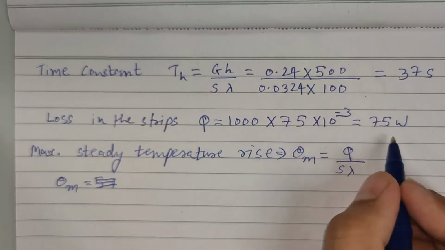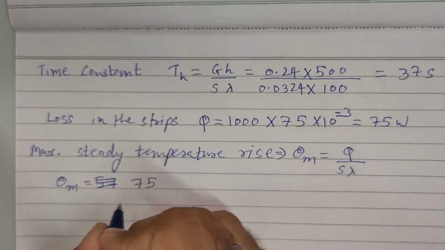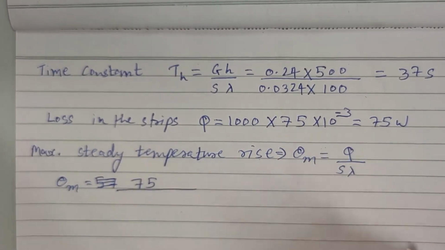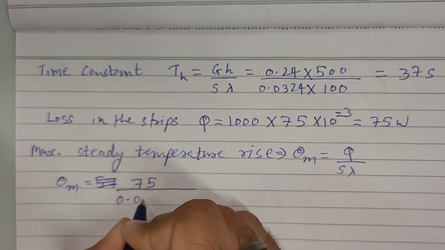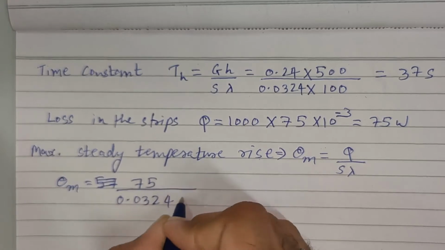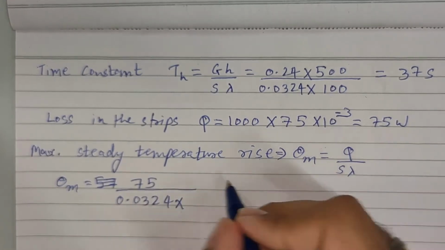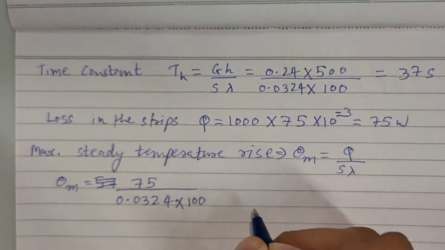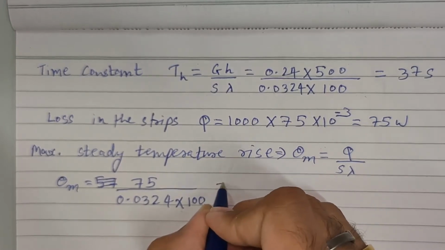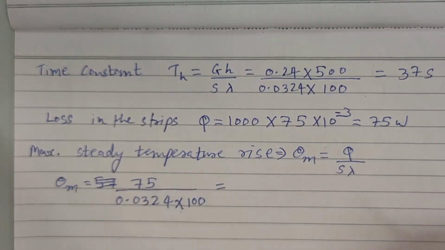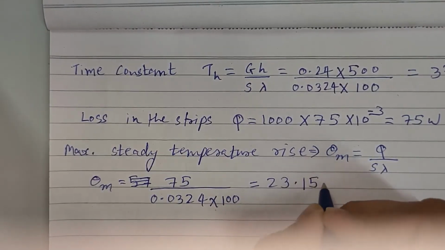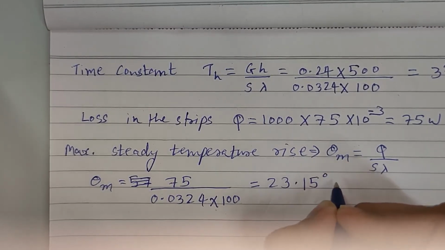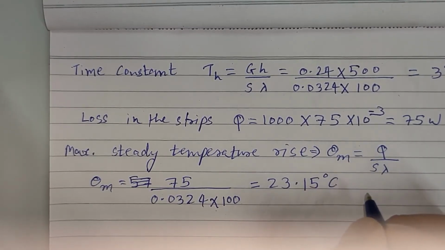So the value of capital Q is 75 divided by the value of capital S, which is 0.0324, multiplied by the value of lambda, which is 100. On simplifying this, the answer you get is 23.148. So you can consider it as 23.15 degree centigrade.